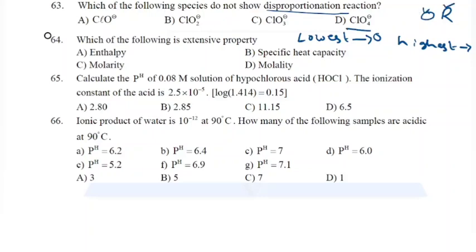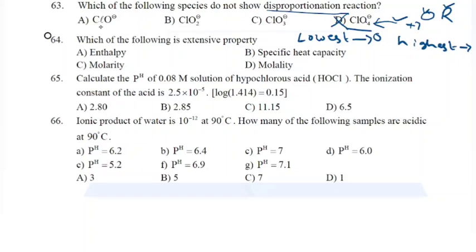If we consider ClO4 minus ion, that is perchlorate ion, the chlorine oxidation state is +7. As it is in its highest oxidation state, it can only undergo reduction but not oxidation. That means it cannot show the disproportionation reaction. If we observe all other oxidation states of the chlorine atom in the remaining options, they are intermediate oxidation states.